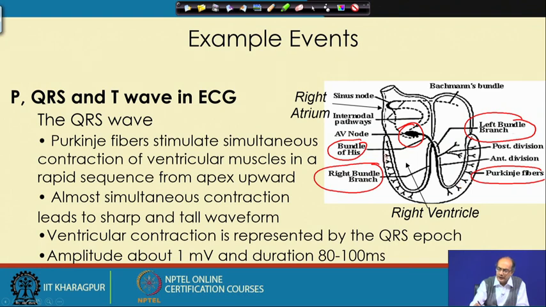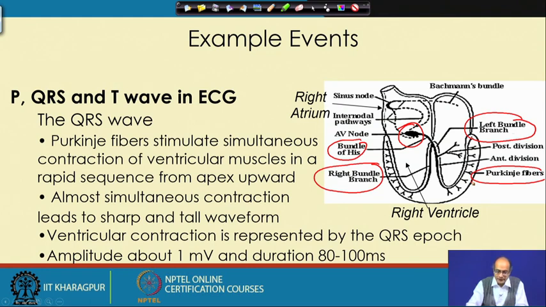They help to take that signal to all parts of the ventricle. As the signal moves through these nerve fibers, the speed is much higher, so the signal comes almost instantaneously to all parts of the ventricle, and all the muscles start the contraction together.